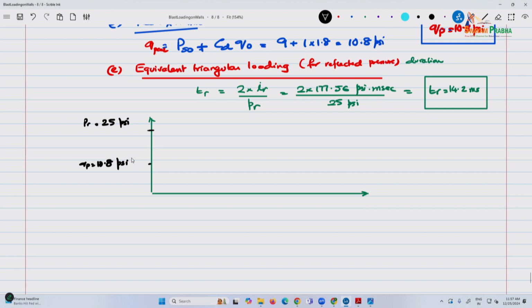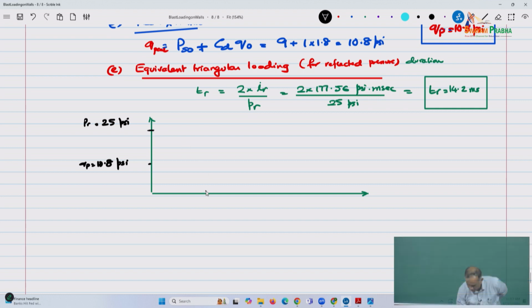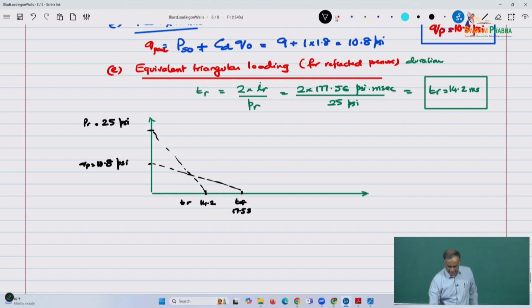And it is coming down to 14.2, and TOF is 17.53. So this curve goes in this manner. This curve goes in this manner. So the net loading is for the positive phase.